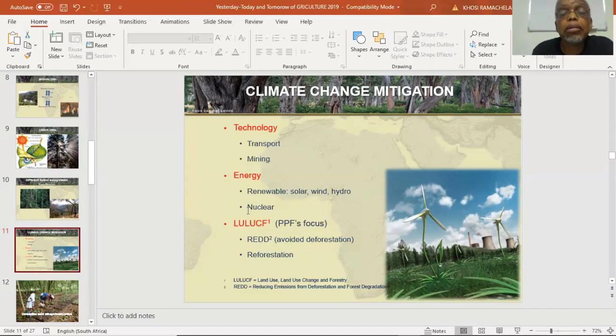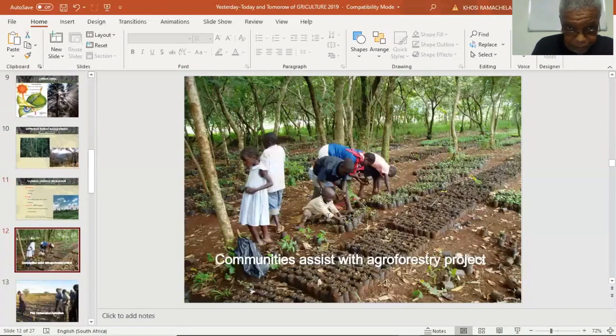All these are avenues where we can intervene in terms of mitigation of climate change. Mitigation being making corrective measures in terms of reducing CO2 from the atmosphere or reducing emissions from our systems.